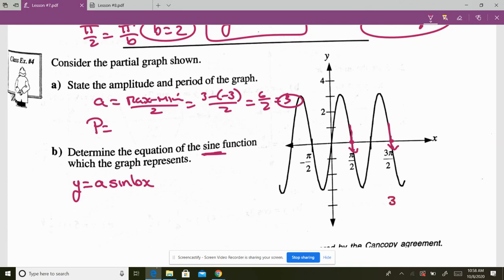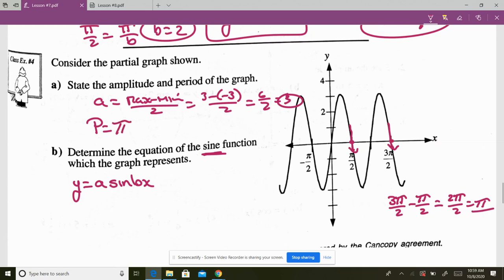So you could go 3 pi over 2 minus pi over 2. We're subtracting fractions. We have a common denominator. So we get 2 pi over 2, which is just pi. Do we agree with that? Okay, that's one way to do it.